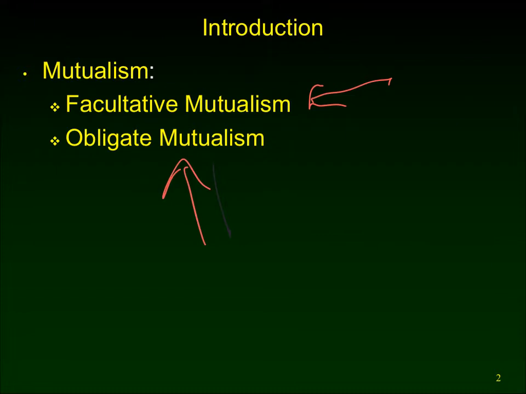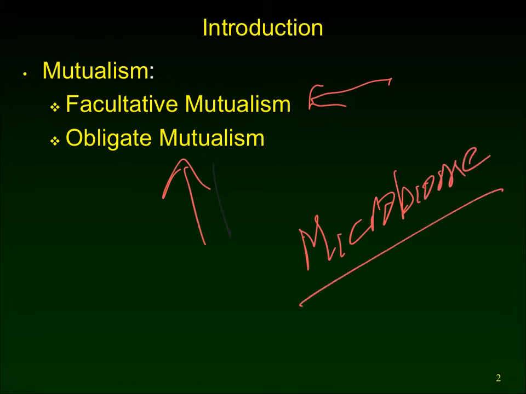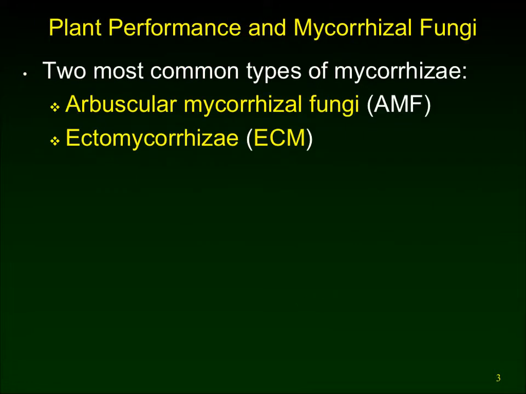Might be, say, some of your gut bacteria, maybe they could live without you. On the other hand, you need a lot of these gut bacteria, your so-called intestinal microbiome, in order to be healthy. And they're finding numerous ways that this is important to human health.